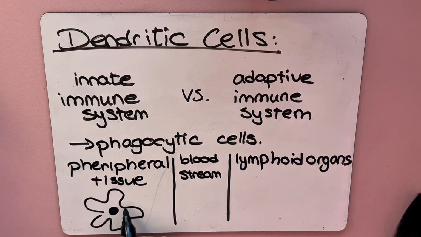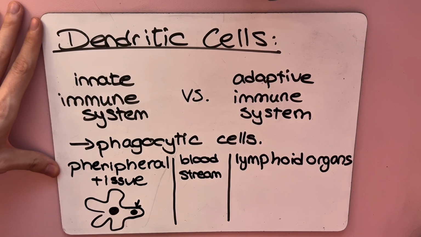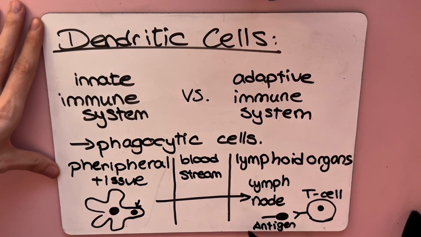After engulfing a pathogen, dendritic cells travel to lymph nodes and present pieces of the pathogen, so to say antigens, to adaptive immune cells, in this case T cells, to initiate a specific adaptive response.